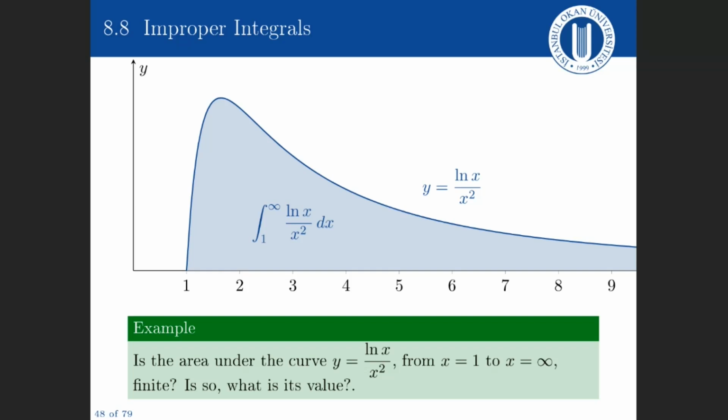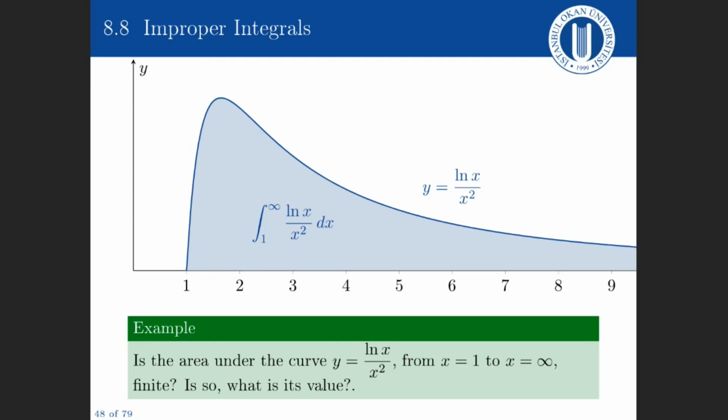Here's another one. I have the function natural logarithm of x divided by x squared, which looks like this. I want to look at the area underneath this curve between 1 and infinity. And the question says, is this area finite?